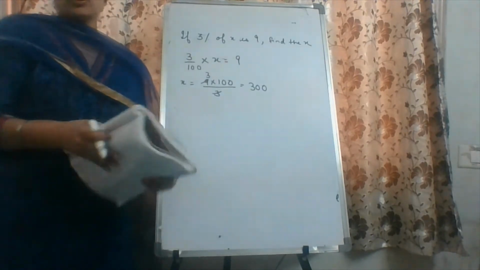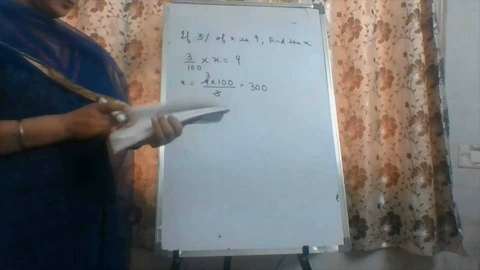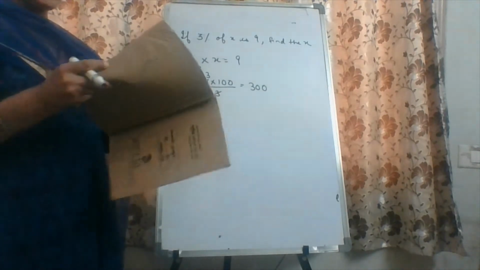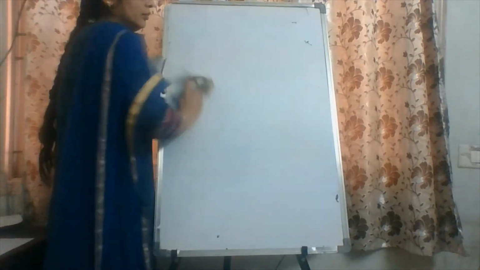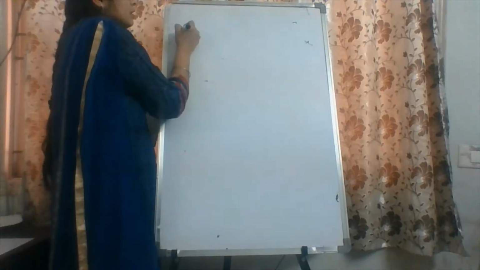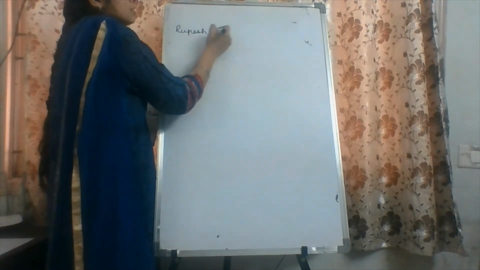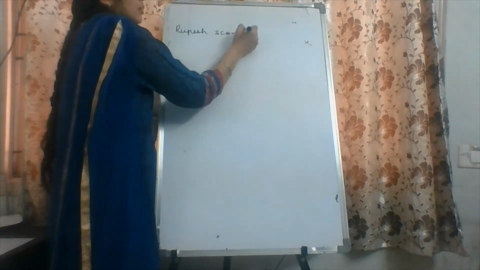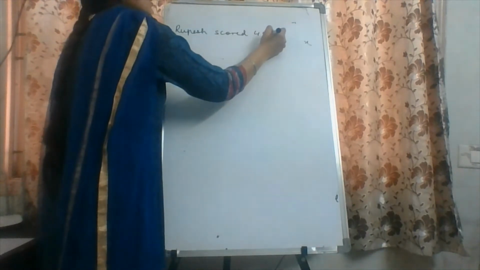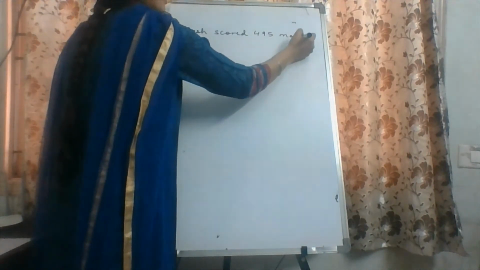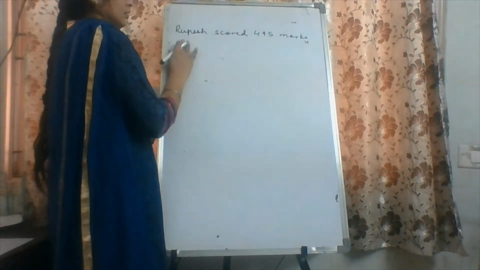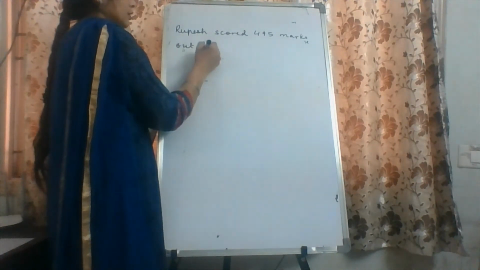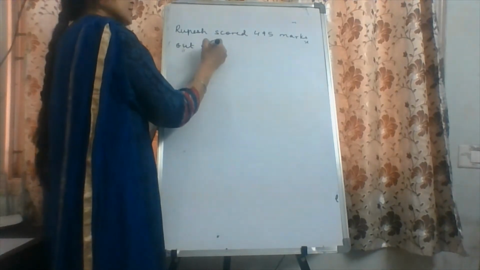Let us solve a few more questions. Word problems now. Rupesh scored 495 marks out of 750.